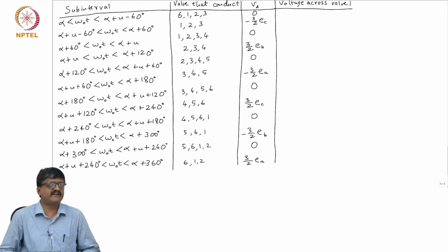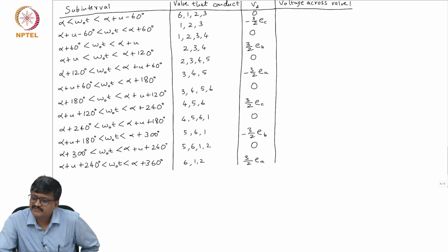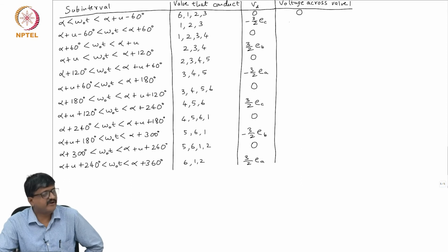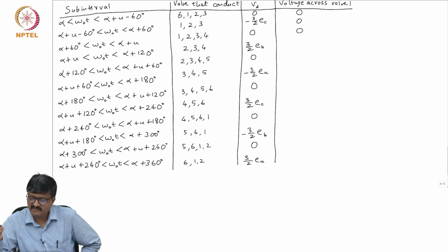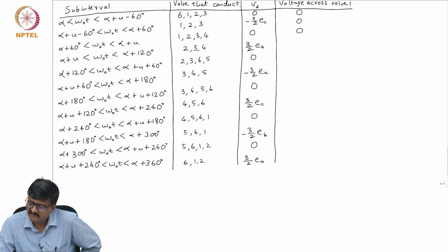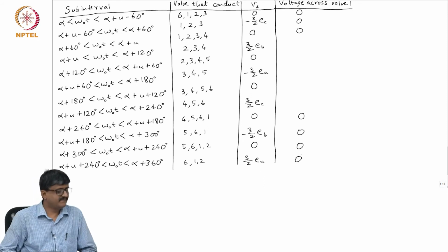Whenever valve 1 is conducting, it is 0. So, it is not just first subinterval, in all the subintervals where valve 1 is conducting, it is 0. Second subinterval, valve 1 is conducting. Third subinterval, valve 1 is conducting. So, I will just fill the rows where valve 1 is conducting.